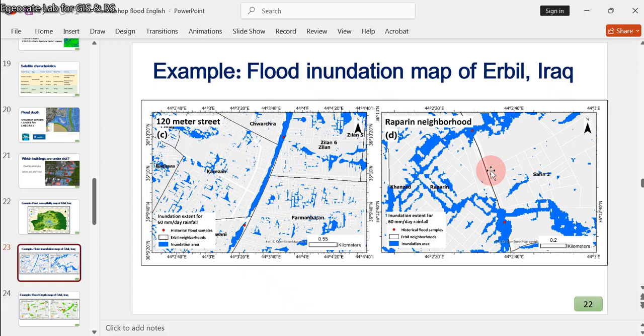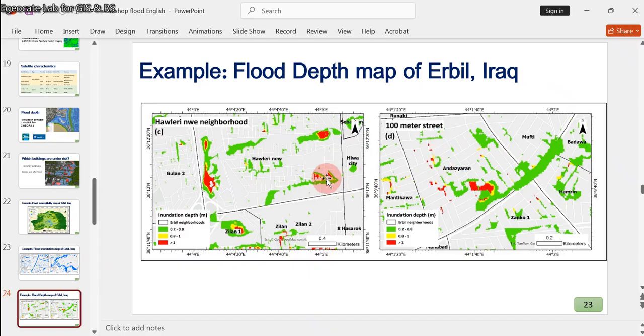So using the ArcGIS Pro flood simulation, these red dots are historical flood samples, which show how accurate the simulation is. Also, these are the flood depths using the ArcGIS Pro flood simulation. For example, the green area has flood depths of 0.2 to 0.8 meter. The yellow one is 0.8 to 1 meter, and the red one is more than 1 meter, for example.